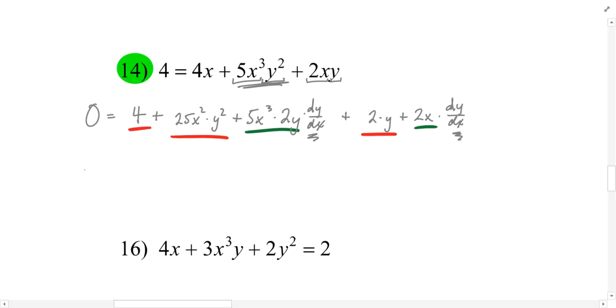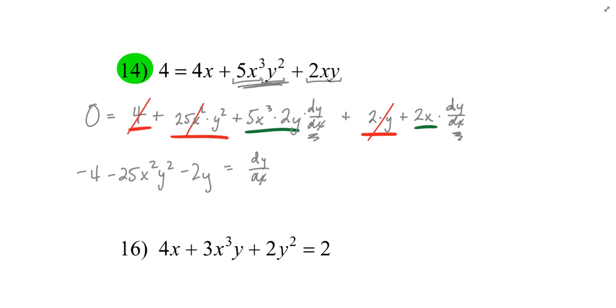So step 1, negative 4 minus 25x squared y squared minus 2y is equal to, and I'll go ahead and factor the dy dx out right now. So what we're left with is dy dx, a common factor, to the terms 5x cubed times 2y. Well, let's go ahead and combine that.